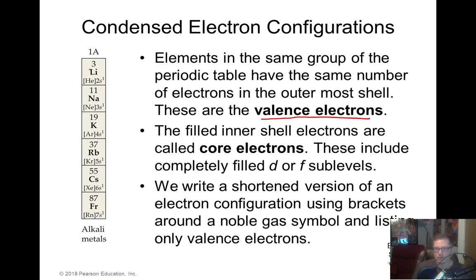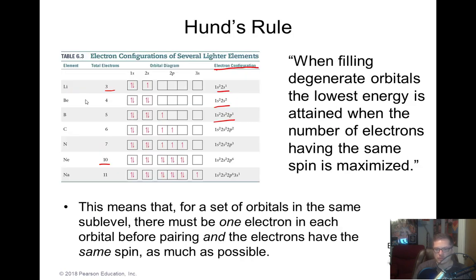All right, so for lithium, instead of writing out 1s2, we can put bracket helium, because we know that lithium's electron configuration is going to be exactly like helium's, plus a 2s1. The next one, straight down from lithium, is sodium. Sodium's electron configuration, notice from right here, is exactly the same as neon's, right?